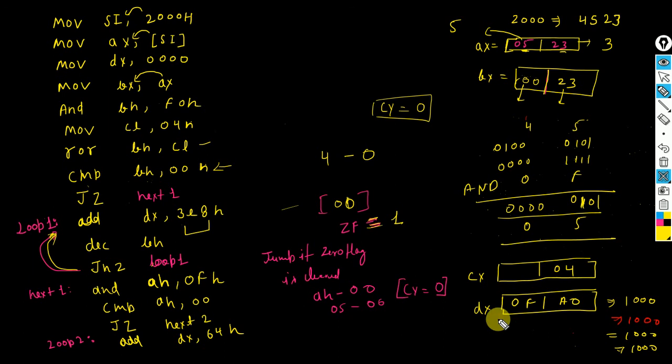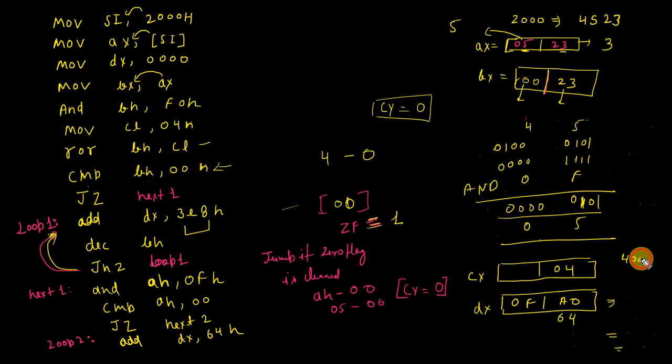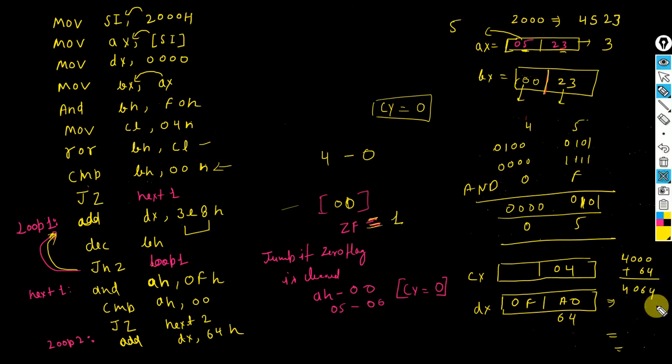After that, the next instruction is add DX by 64, so this is the content of DX plus 64. The present value of the DX register in decimal is 4000 plus 64, so this is 4064.